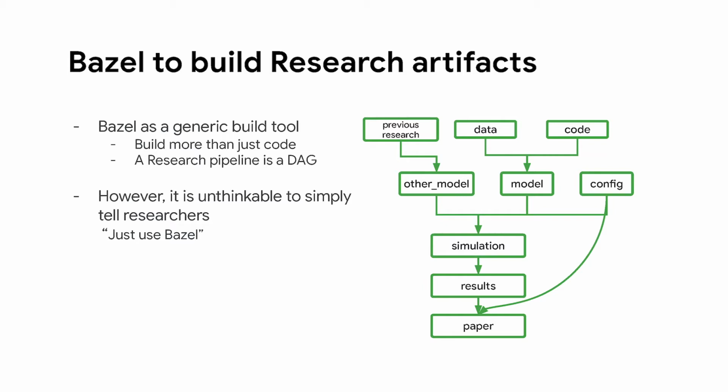So on the right-hand side of this slide, you'll see that the research pipeline usually starts with some data. You write some research code, you use someone else's previous research, combine the resulting models. You have to depend on some configuration parameters, and in the end, depending on the research, you may end up with a simulation. And finally, you get your research results. And the end product is a research paper.